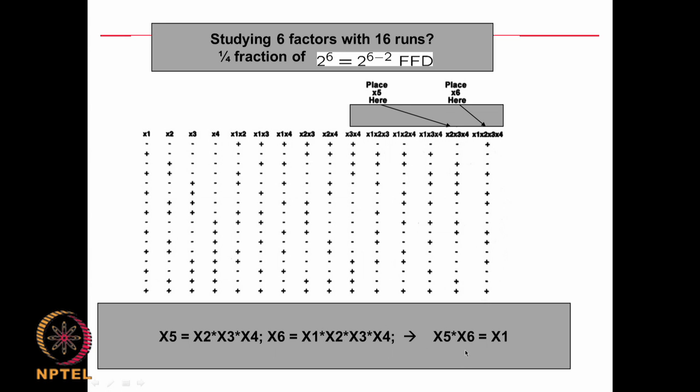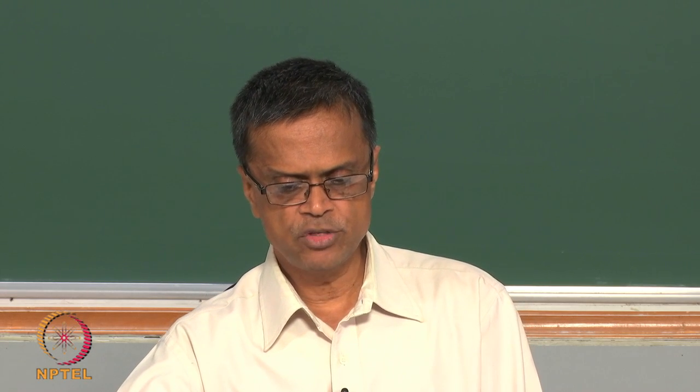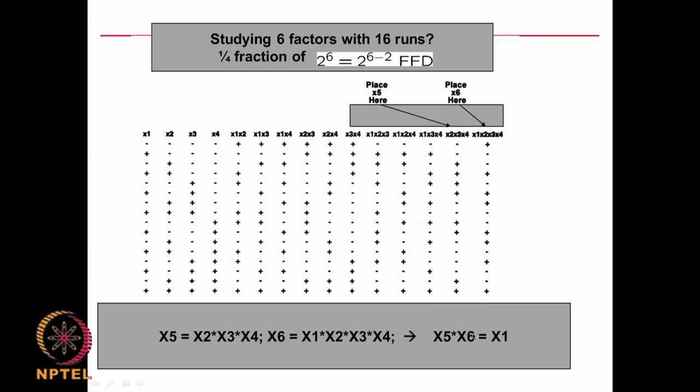Ideally, we always said that principal effects should be confounded with interactions of more than 2 factors, at least 3 factors or more, then that is a good design. Whereas here it is interacting with 2 factors, that is not a very good design at all. So, we need to look at some other columns, so that the principal effects will have a confounding only with 3 factors. Okay.